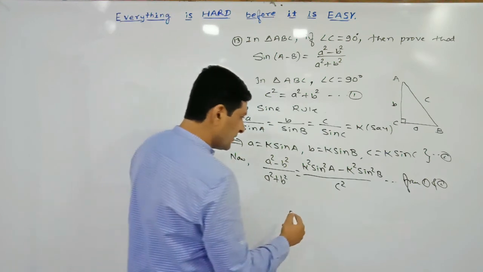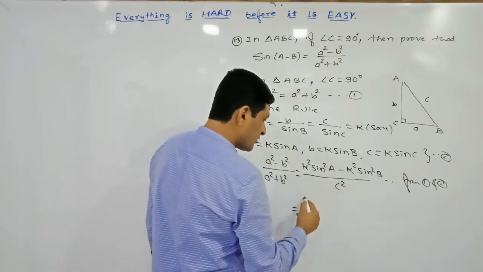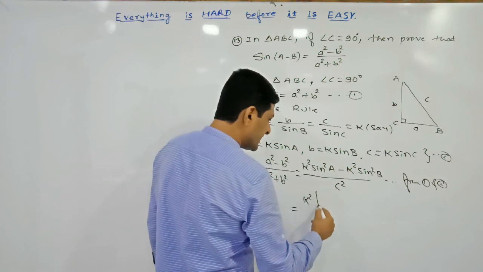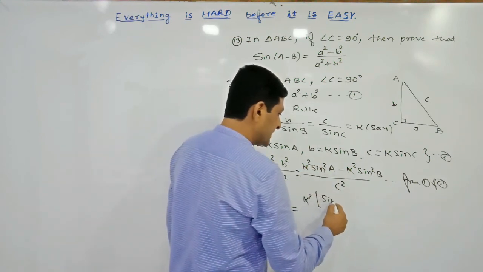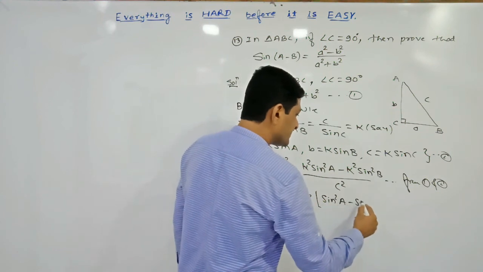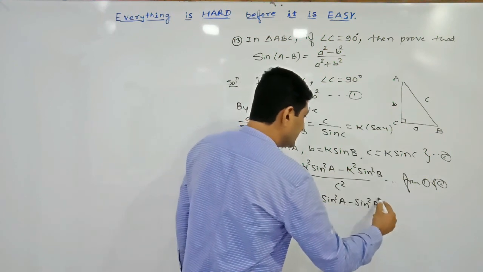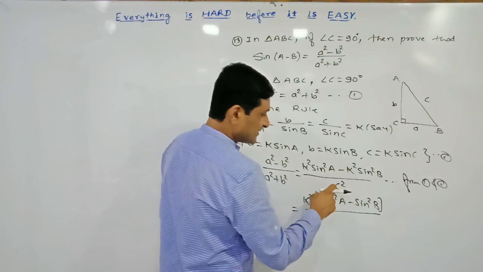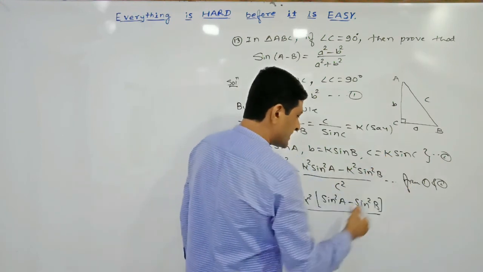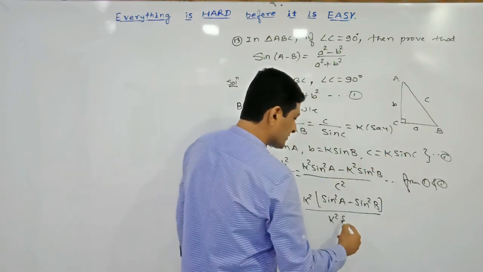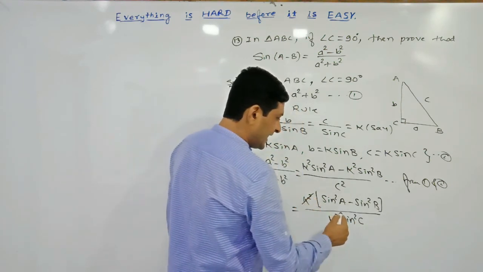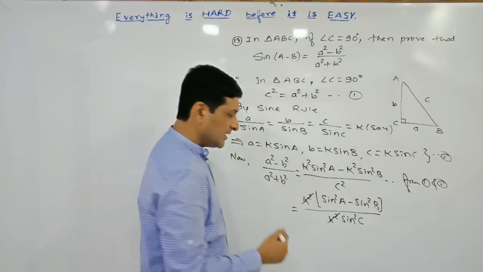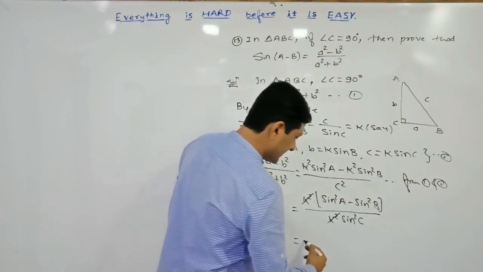Which is equal to, can I take k square common from both the terms? If we take k square common, observe the remaining terms. The remaining terms are sin square A minus sin square B. In the denominator, c square can be replaced by k square sin square C. Here k square and k square will get cancelled. Now again observe the numerator.